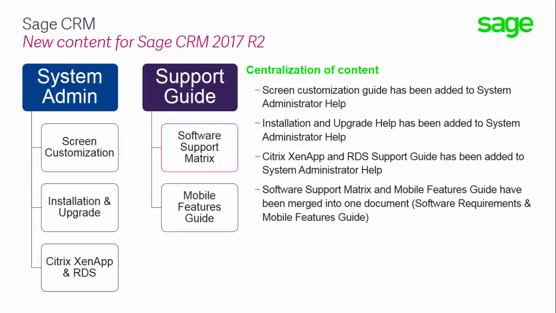Installation and upgrade help has been rolled up as well into the system admin area. The Citrix and RDS support guide has been added into system administration, and together the support matrix and mobile features guide have been merged into one document, the software requirements and mobile features guide.